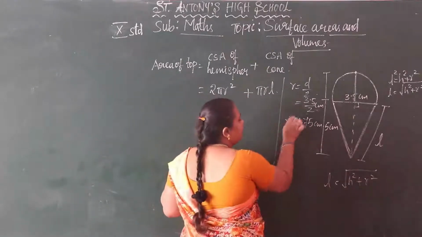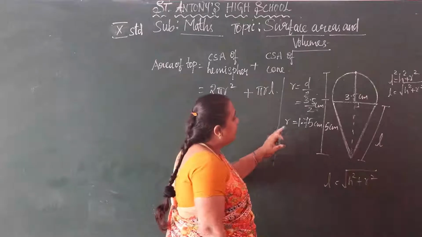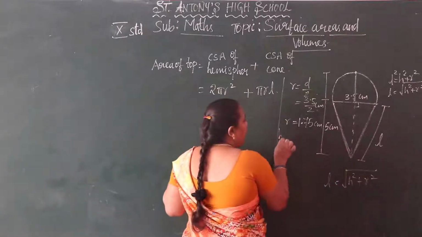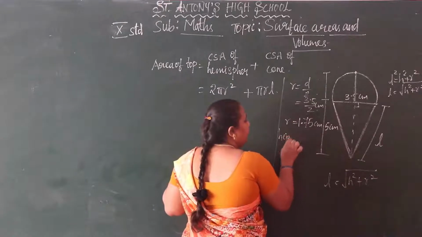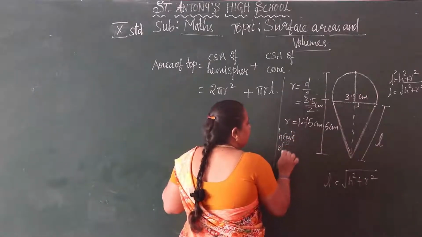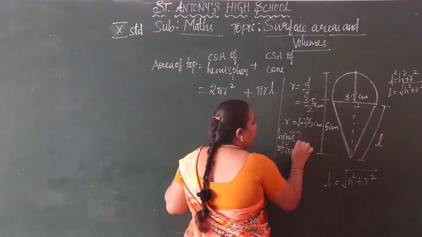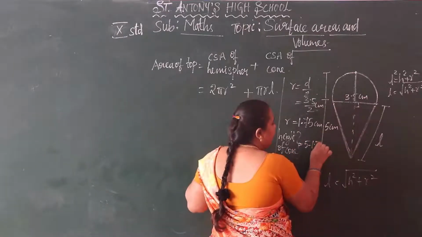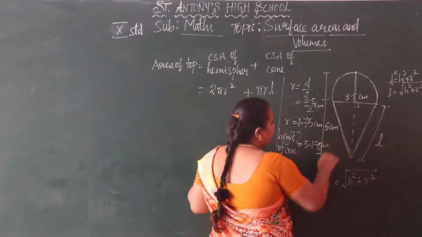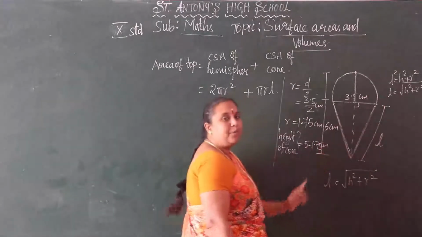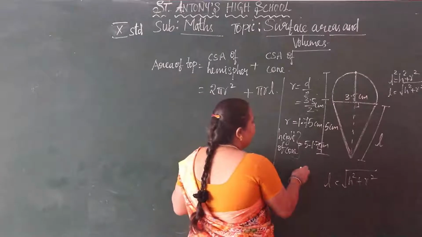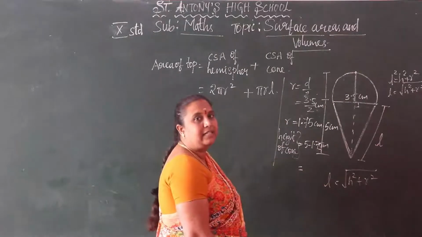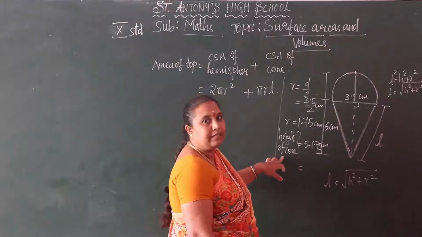So R equals 1.75 centimeter. Now we want to find the height of the cone. Height of cone equals 5 centimeter minus 1.75 centimeter, so that is 5 minus 1.75, which is 3.25 centimeter.